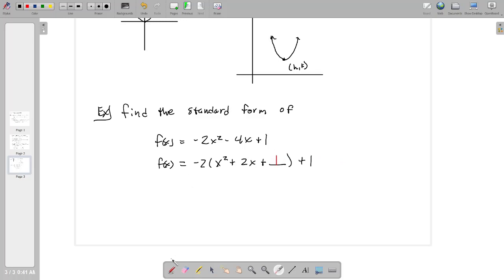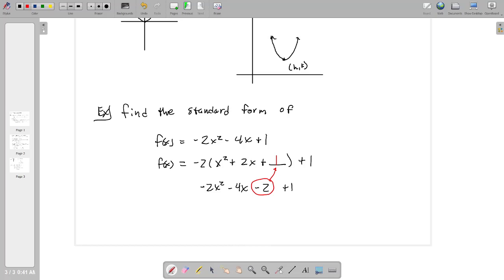of this equation? Well, if we distribute this -2 back through, you would get -2x squared minus 4x minus 2 plus 1, where this minus 2 is corresponding to this 1.